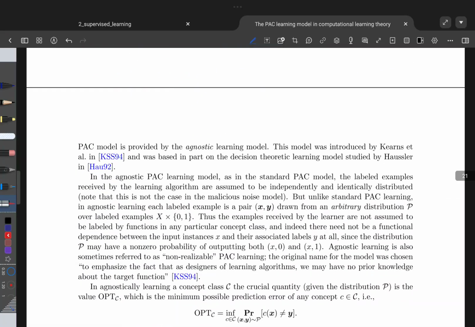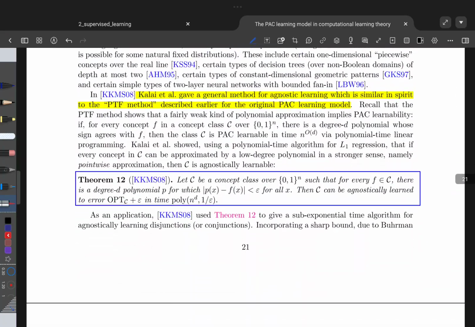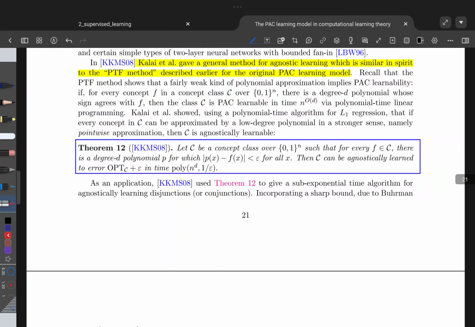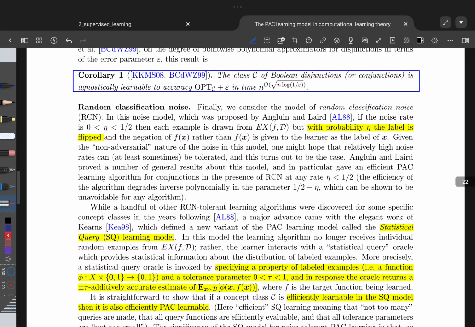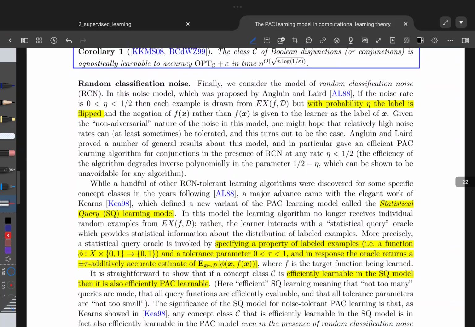All right. Agnostic learning is something that we have already seen earlier in class. But another rich body of work is in the case where there is random classification noise.